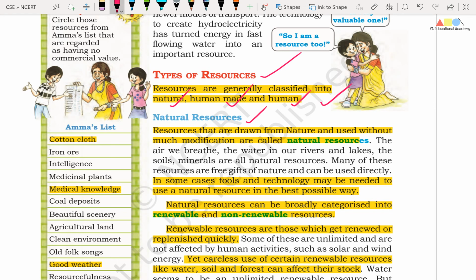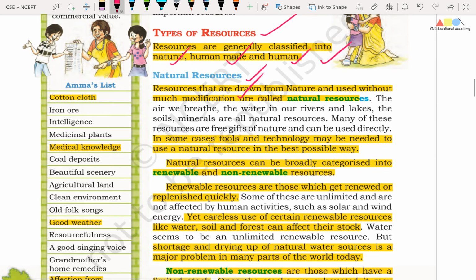Right friends, natural resources. Resources that are drawn from nature and used without much modification are called natural resources. So natural resources are drawn from nature and we use those resources without much modification.